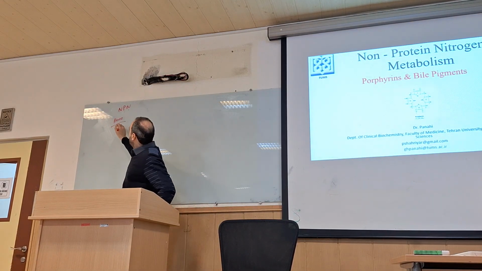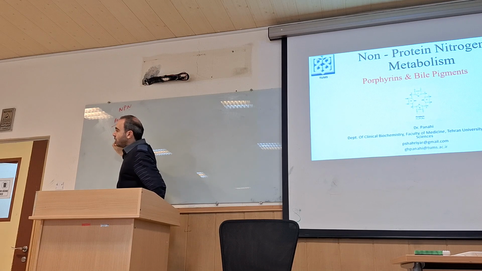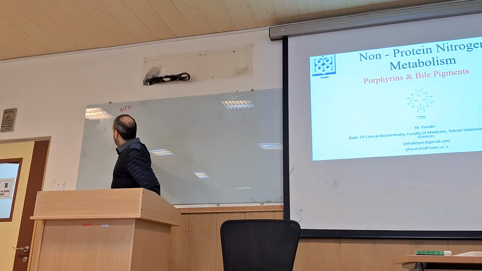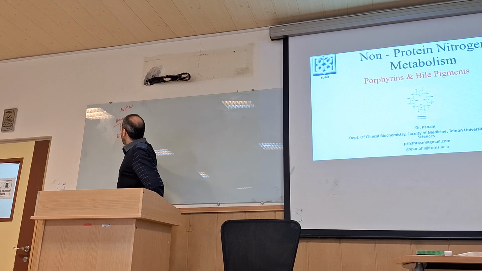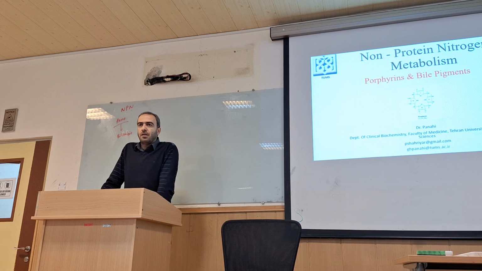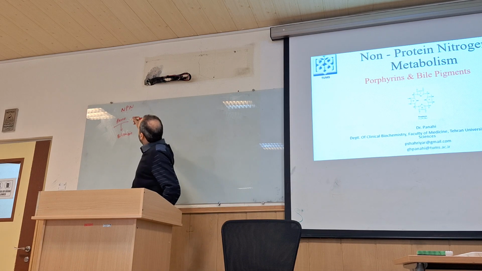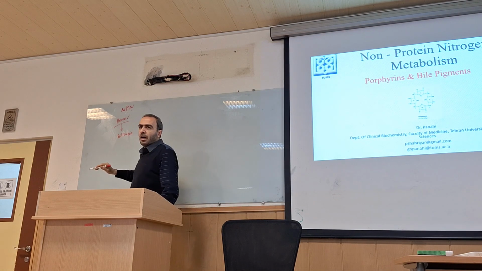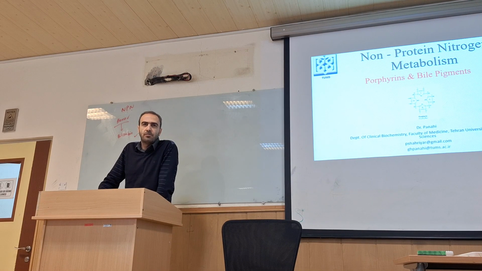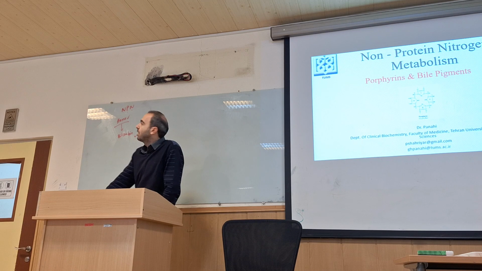And when we break down heme, we produce what? Bilirubin. So today first I'm talking about how we synthesize heme and how we break it down to bilirubin and excrete it in the urine and also in the feces.